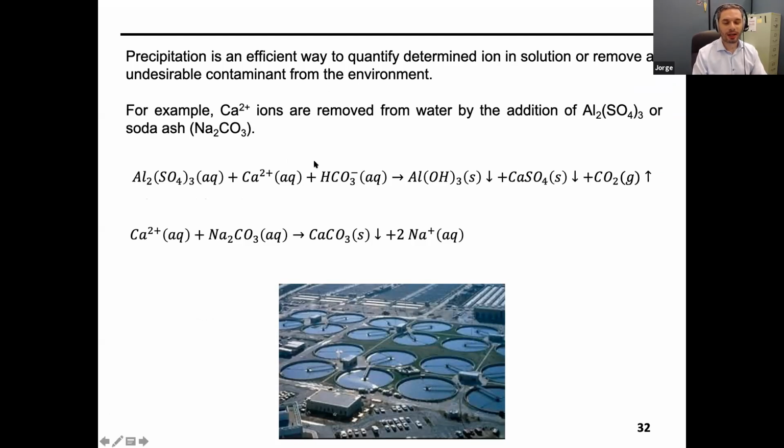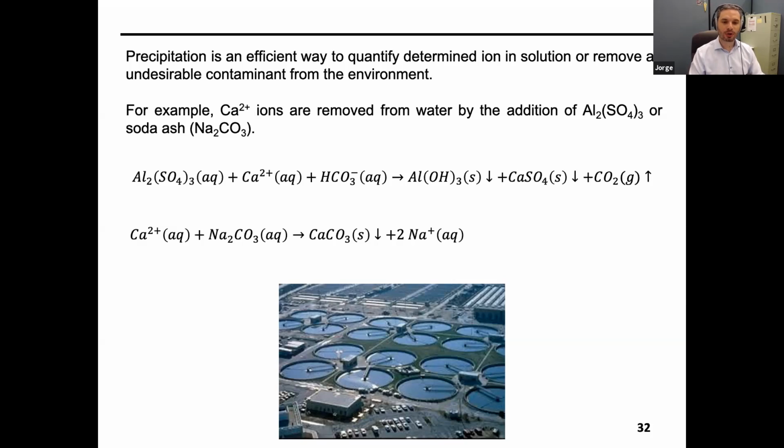The classic reaction here is the removal of calcium ions from water. If we have an excess of calcium, the water will look cloudy and give the impression that it's dirty.